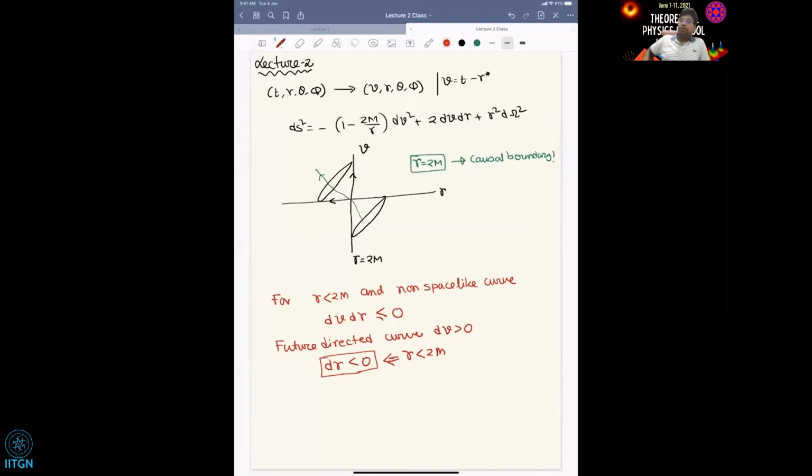I cannot change the course of my spaceship and come back out of the surface r equal to 2m once I am inside. What it means is that there is no time-like or light-like curve connecting points inside to outside. So this clearly proves that the r equal to 2m surface is a causal boundary of the black hole.